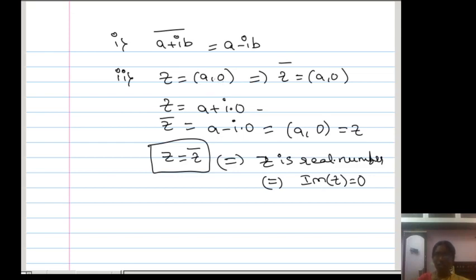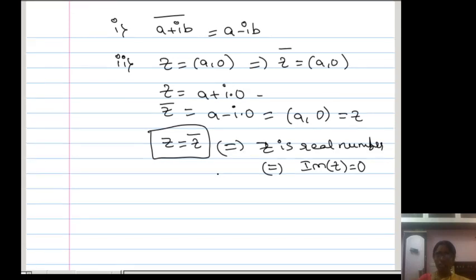Z becomes a real number. If Z is a real number, it lies on the x-axis. Then if you write the conjugate, again you are getting itself. So finally what is my conclusion from this? If Z is a real number, then its conjugate is nothing but itself only.